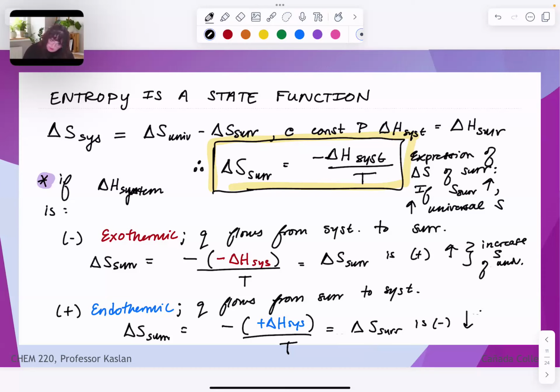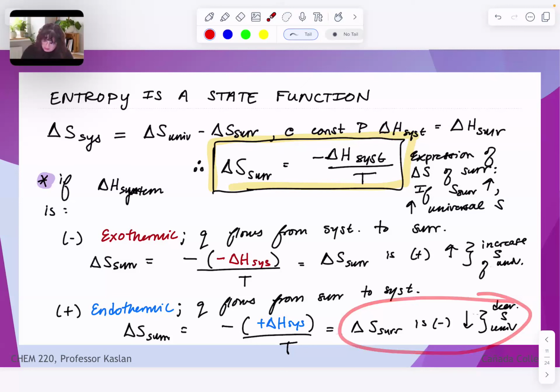So it decreases the entropy of the universe. And the only way that this is legal is if, as a result of the surrounding entropy being decreased, we have some overall change in the entropy of the system that allows for the universe to obey the second law of thermodynamics.